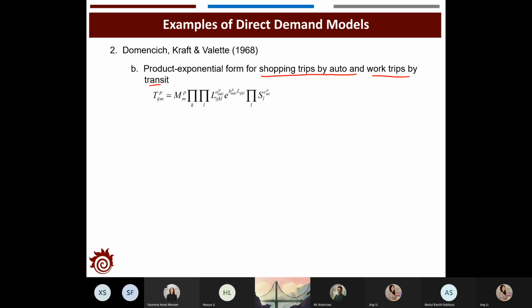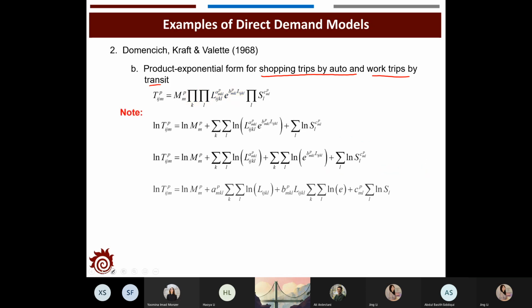In the model, you can see again this portion, the yellow part, shows the input related to demand, and this part shows the input with respect to the supply. And also, this model can be easily extracted. If you do the log transformation, it can be easily transferred into some linear format.